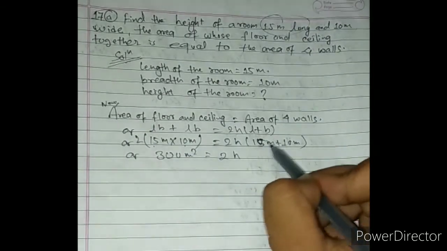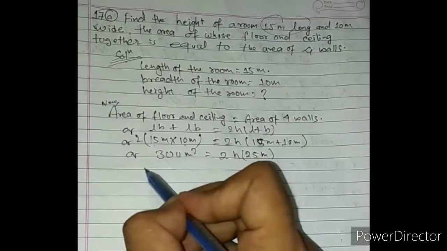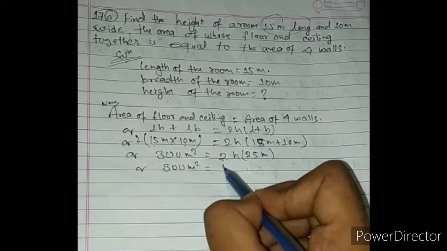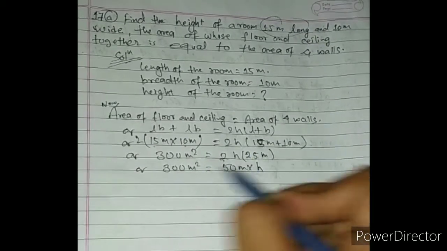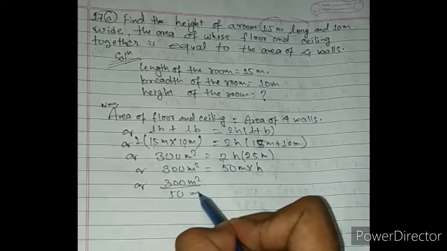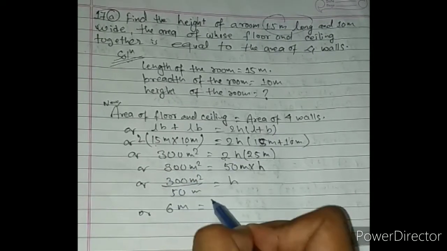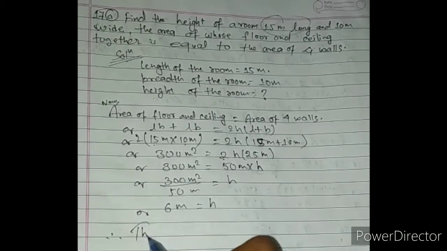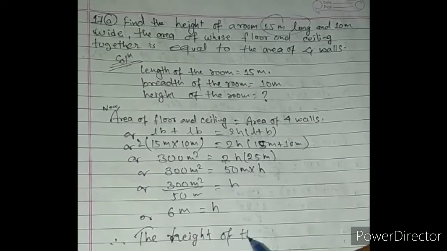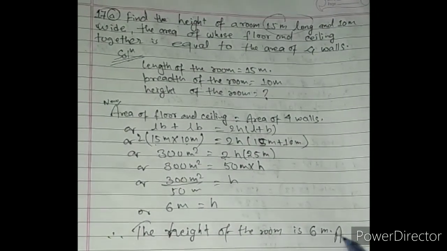From here, 2H into 25 meter gives 50 meter into height. So 300 meter square equals 50 into H. Now this 50 goes down, the 0 cancels, 5 sixes are 30, so H is 6. Therefore the height of the room is 6 meter.